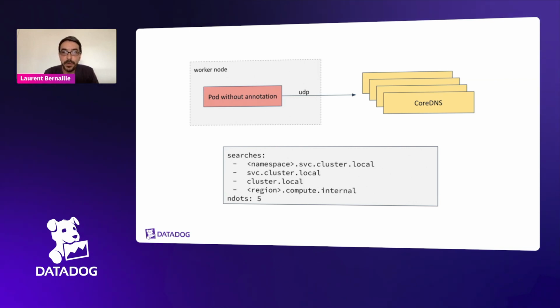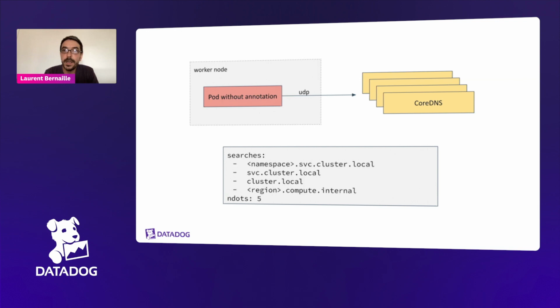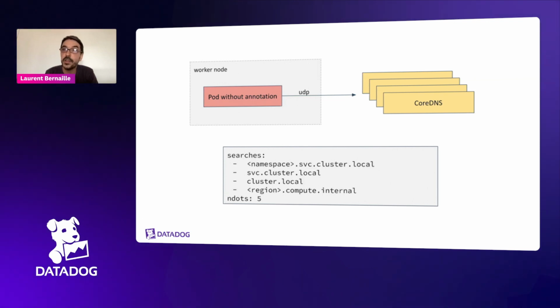Because you have this very complex domain with a lot of dots, if you want to make sure that completion will happen in every case, you need to have ndots equal to 5. The ndots option controls the number of dots you need to have in a DNS name for the resolver to consider that it's a fully qualified name and not attempt to add search domains.